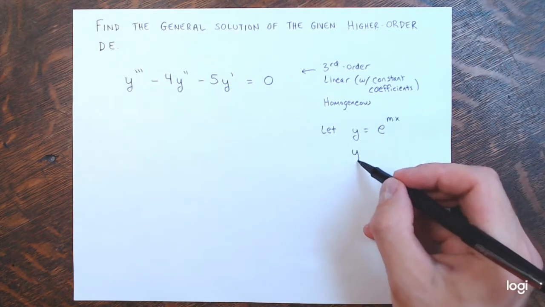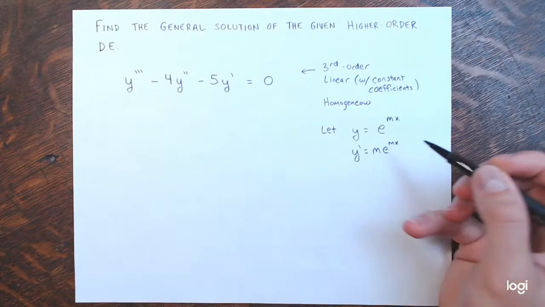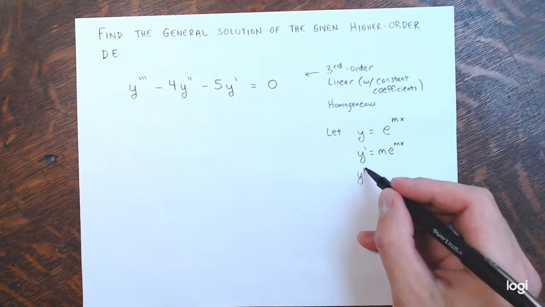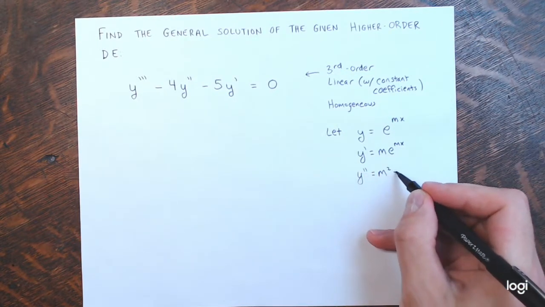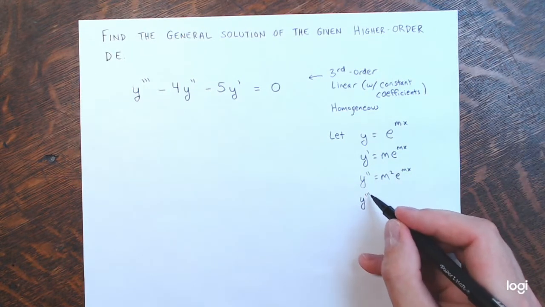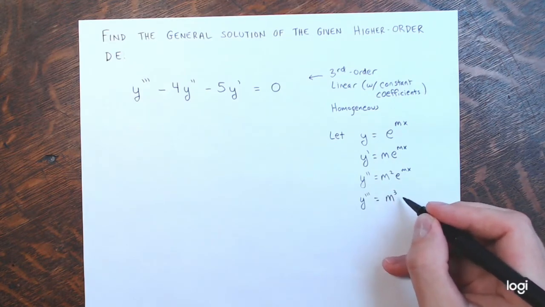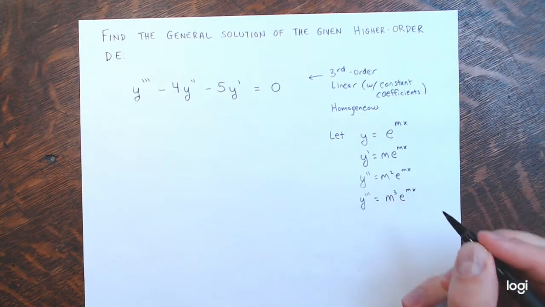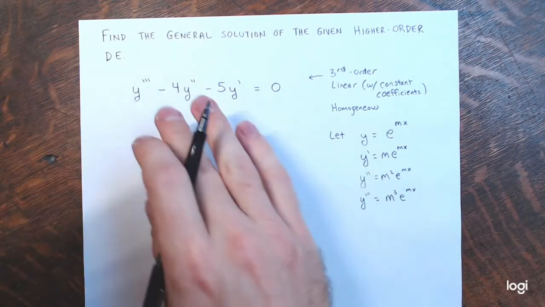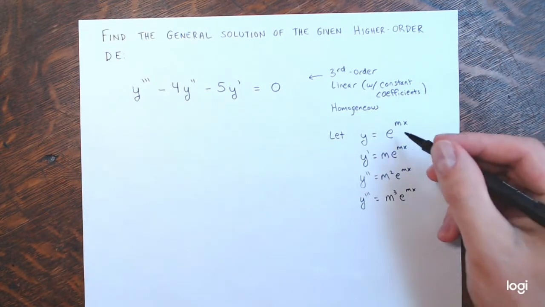The first derivative would be m times e to the mx. The second derivative would be m squared times e to the mx. And going up to the third derivative, y triple prime, would be m cubed times e to the mx. I substitute these into the equation, and I can divide by e to the mx.